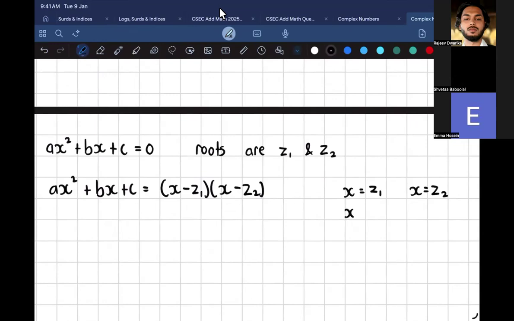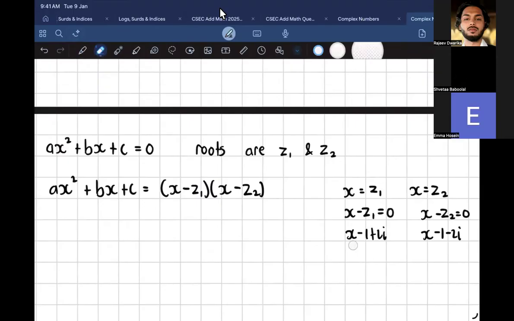And then I would say x minus z1 is equal to 0, and x minus z2 is equal to 0. So I think it's all coming back to you now. Remember at the start, I said z just represents a complex number. So this could be x minus 1 plus 2i for some reason, and this could be x minus 1 minus 2i, something like that. So you understand what I'm saying? Yeah. Cool. So at the end, you'll bring it back. Yes.